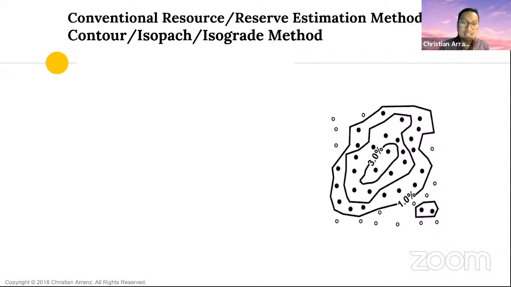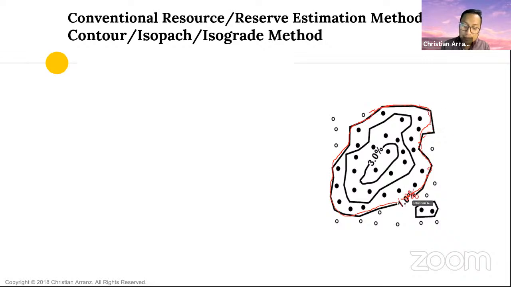But in this case, this is a special contour. Well, we adopt the term contour. But instead of heights or elevations, grades ang ating mga contours. So, in this case, this here, the outer border, lahat ng area na yan ay nire-represent ng grade na 1%.